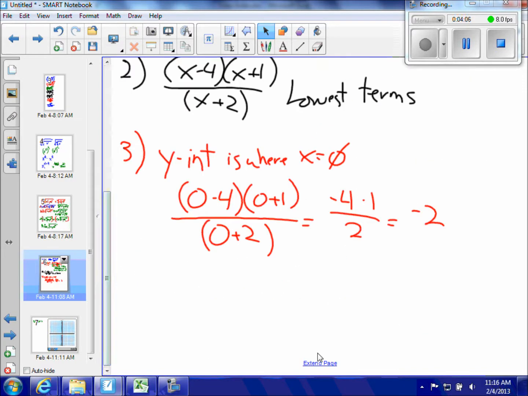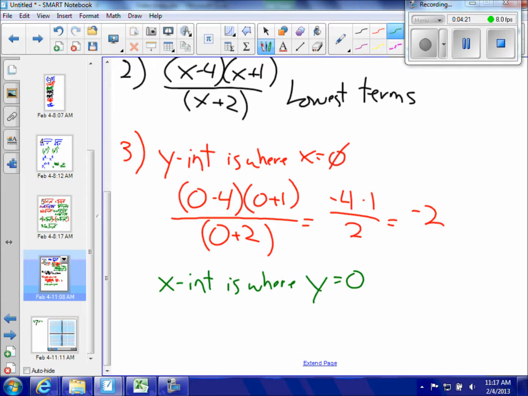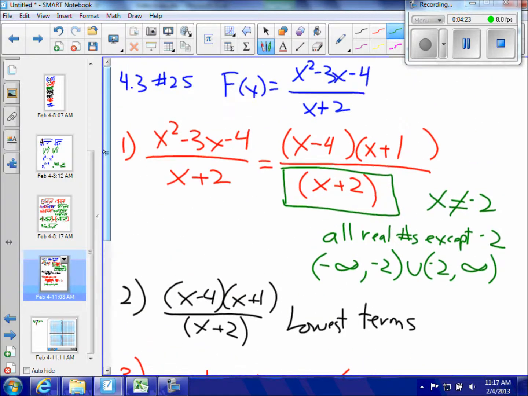What about my x-intercept? My x-intercept is where y equals 0. If I'm looking at my original function up here, this is the same thing as y. So I'm going to set my original function equal to 0.